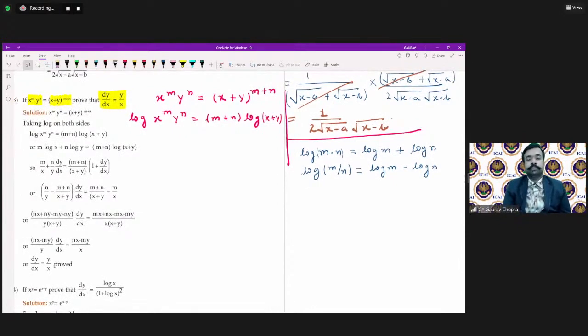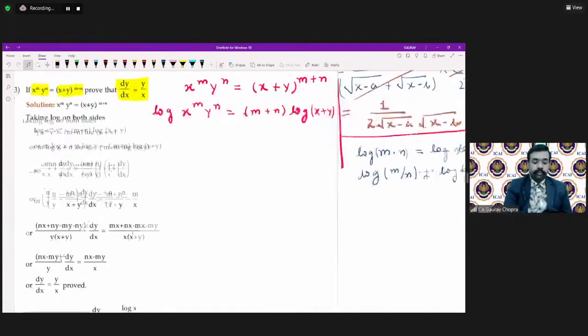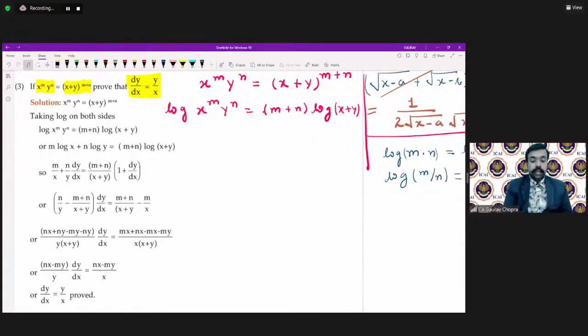And whenever there is power, the power will jump forward. So see here, we have taken the log of x to the power of m and y to the power of n. So we are writing it as log of x to the power m plus log of y to the power of n.